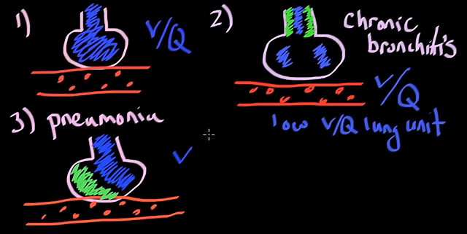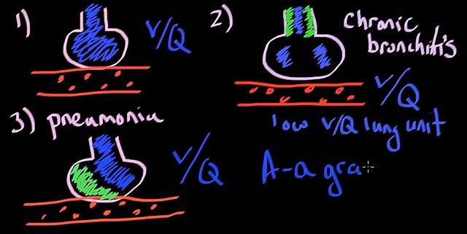So you have a small V and a large Q, as in the second scenario, and this again is a low VQ lung unit. So in both of these cases, you will have a high AA gradient because not enough oxygen is diffusing into the arterial blood supply. So there is a higher difference than normal between the alveolar and the arterial concentration of oxygen.